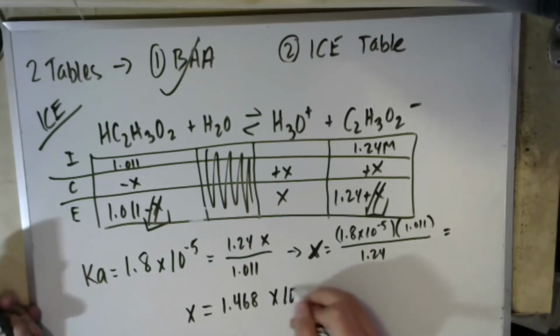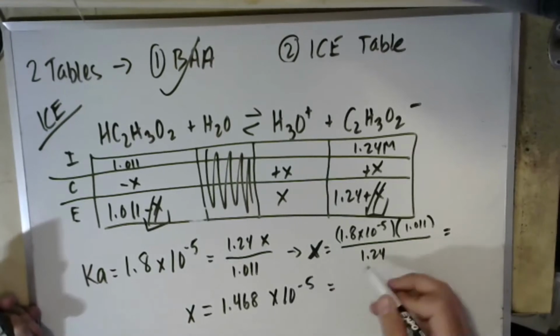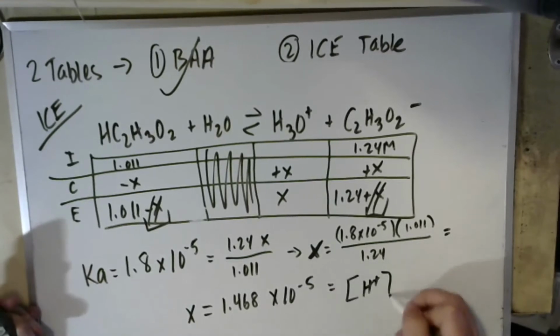Okay, and we get 1.468 times 10 to the negative 5, and that's going to be the concentration of our hydrogen ions.